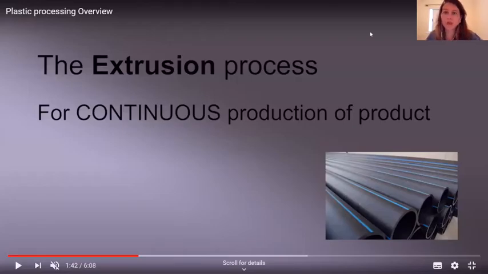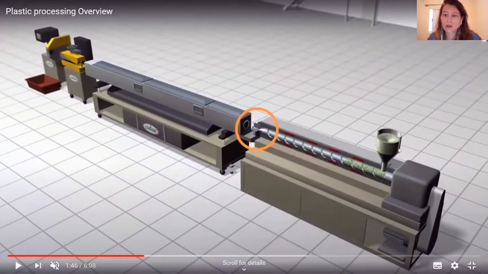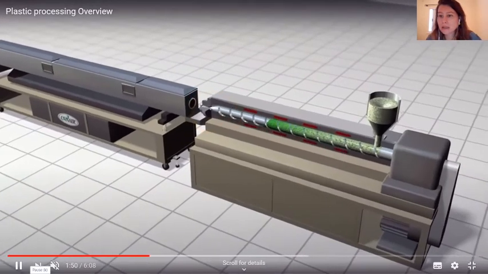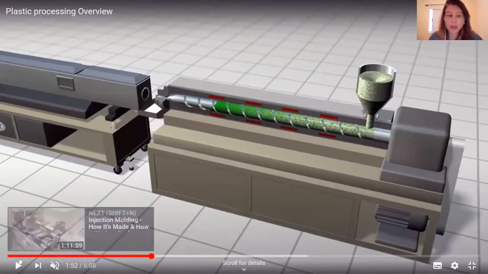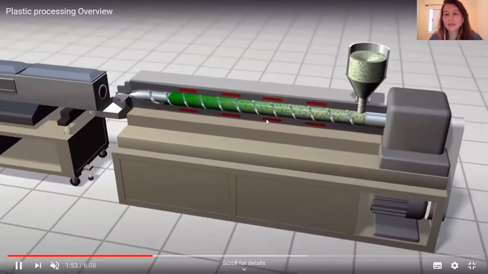So let's watch a video that explains how the extrusion process works. Here is a representation of the extruder. There is the hopper in which we place the polymeric pellets and the fillers, the additives, and so on. They will fall on the screw, which rotates thanks to a motor, and this screw conveys the plastic forward in the heated barrel.